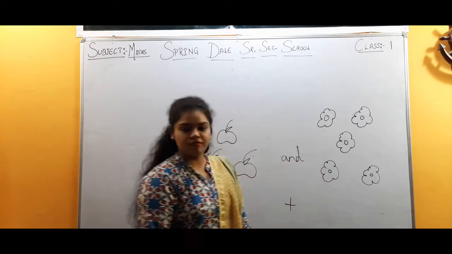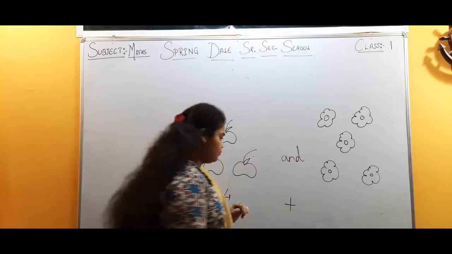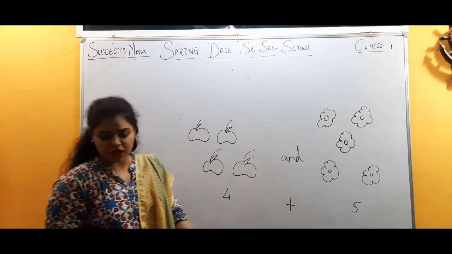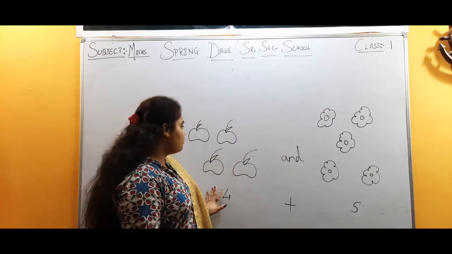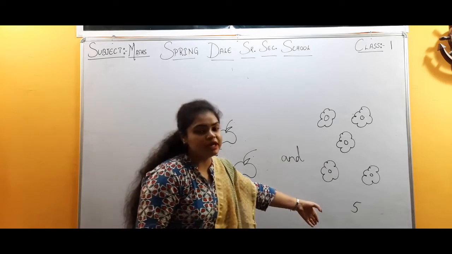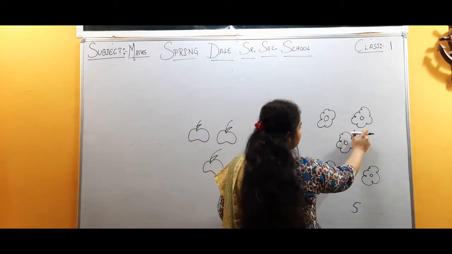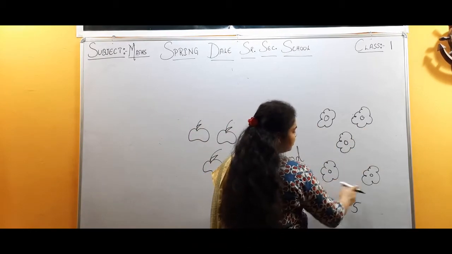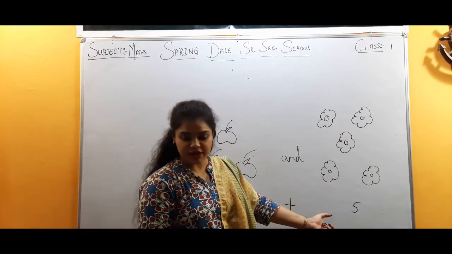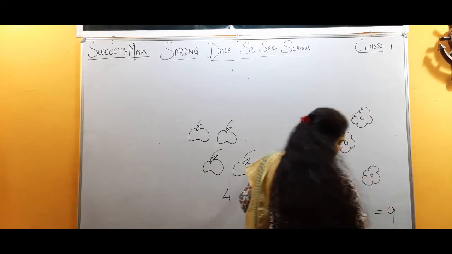These are the flowers. And what are the number of that flower? 5. So here we will write 5. Now we have to count. Here are 4. 1, 2, 3 and 4. So 4 plus 5. After 4 we will count 5, 6, 7, 8 and 9. So what will be the sum of 4 plus 5? That is 9.